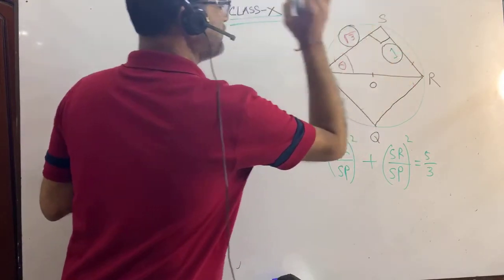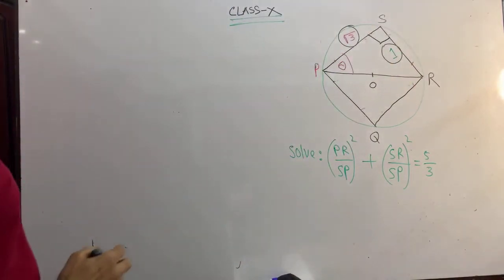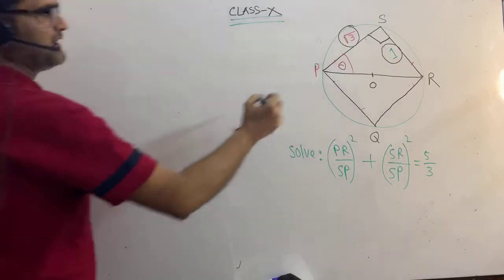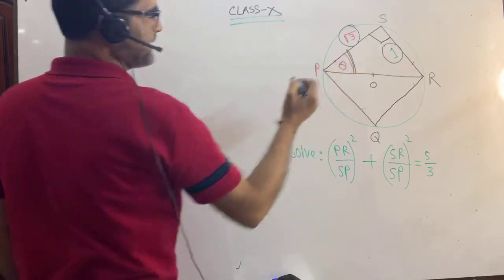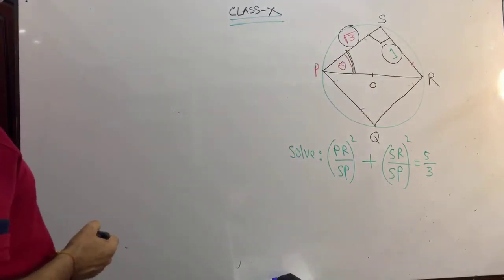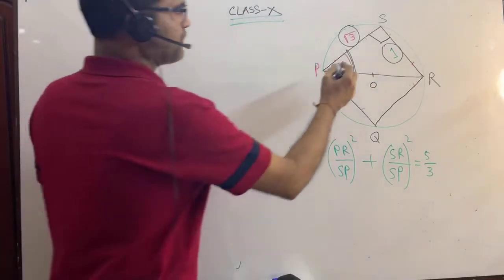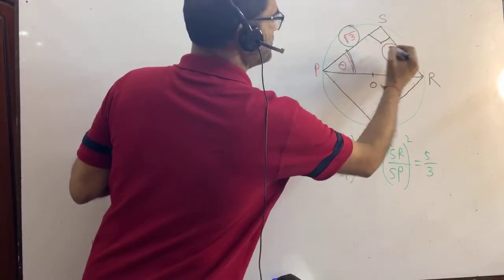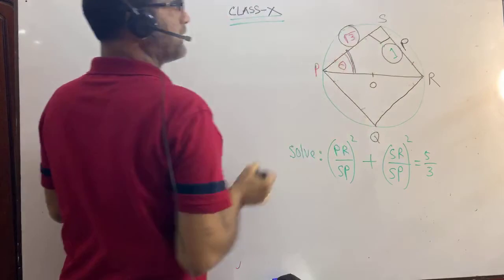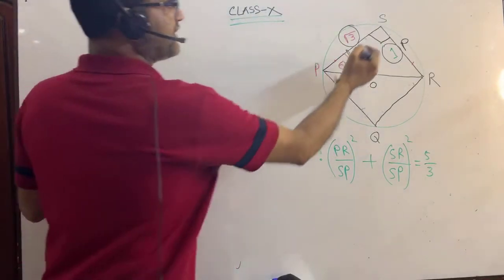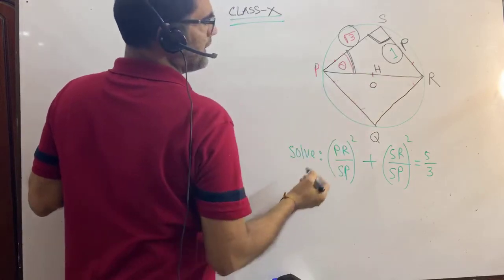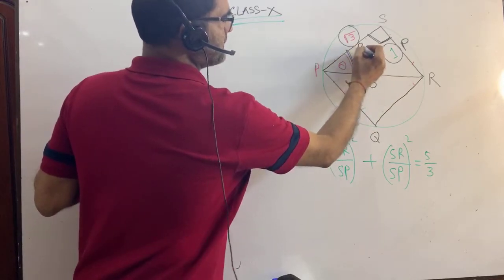Because you see, if this angle is counted, then what we are getting, this is perpendicular, this is 90 degrees, then this is hypotenuse, and definitely this is base.